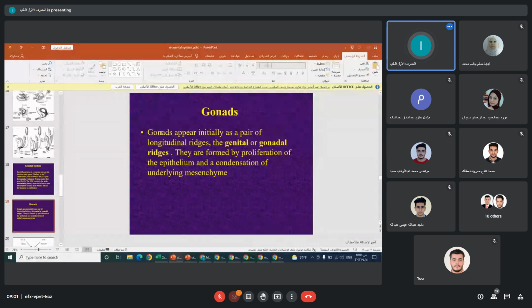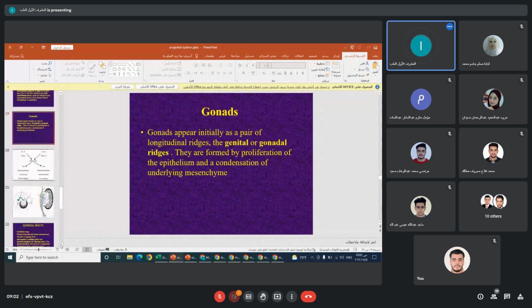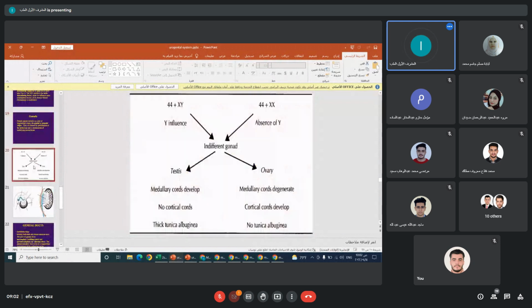So how does this become a gonad? It needs genital cells or sex cells, and these sex cells will be present in the yolk sac.